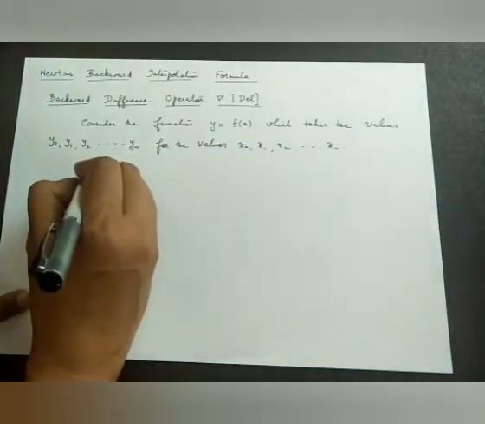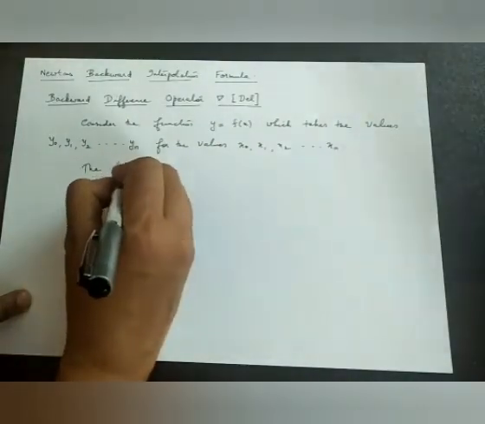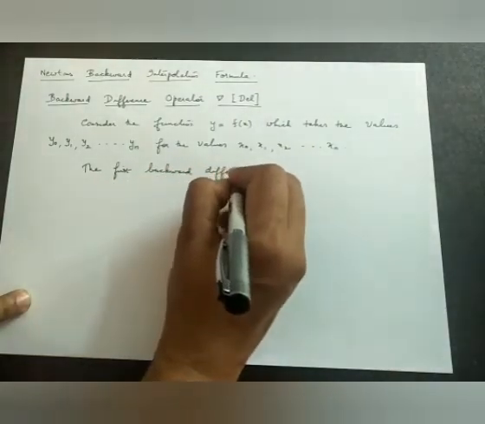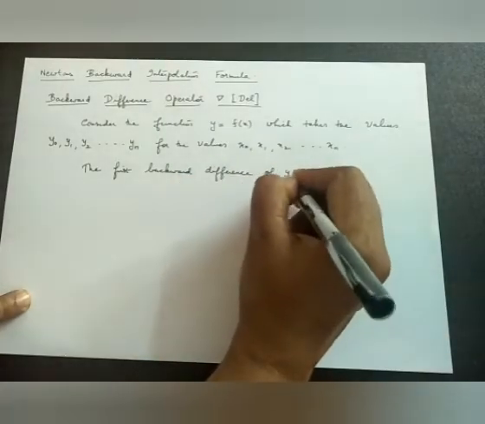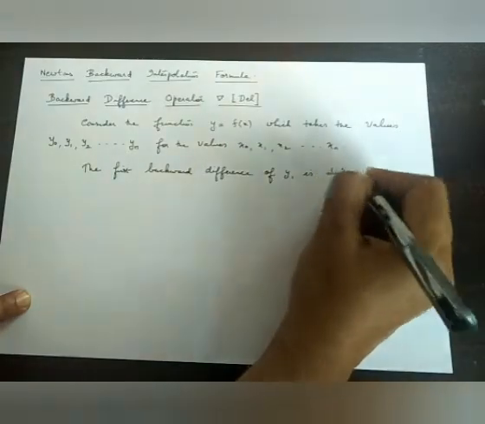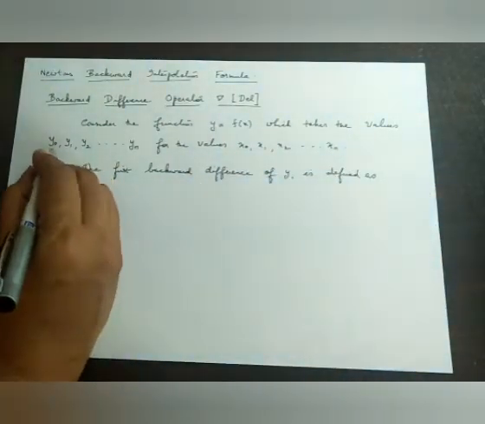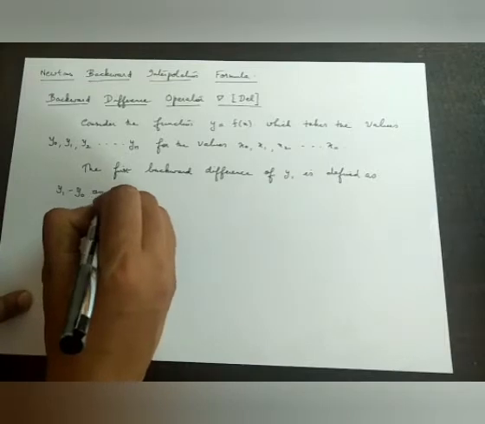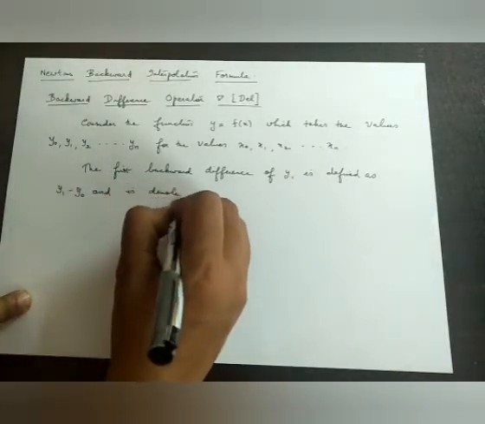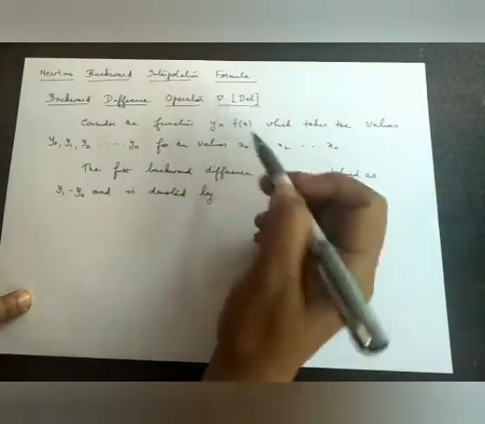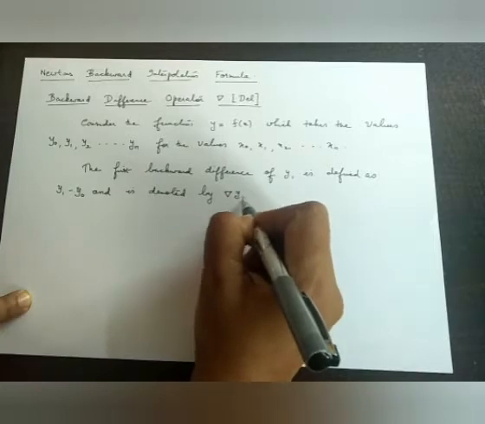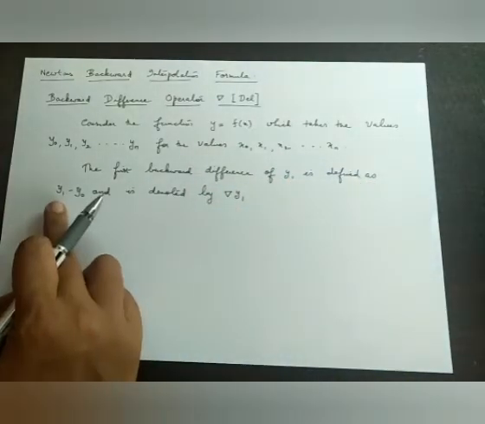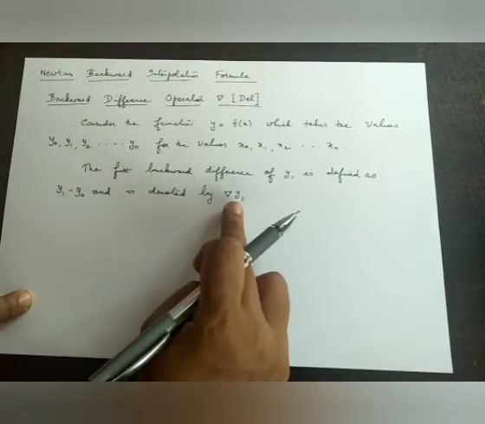Now, the first backward difference of y1 is defined as the difference between y values, that is y1 minus y0, and it is denoted by del y1.